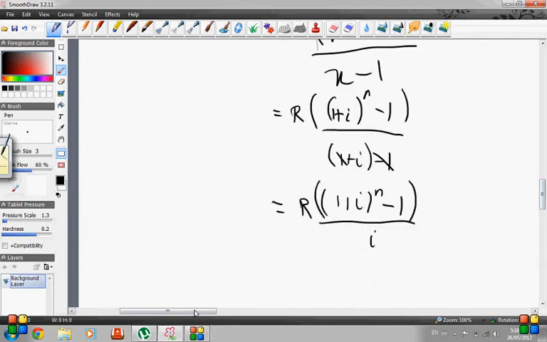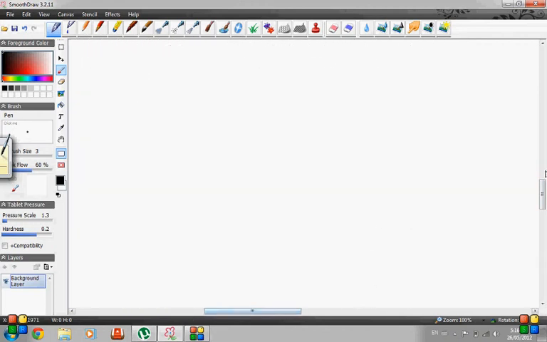Now the final formula we have to calculate is the formula for the present value of an ordinary annuity. So the present value, I'm going to shorten that, of an annuity.